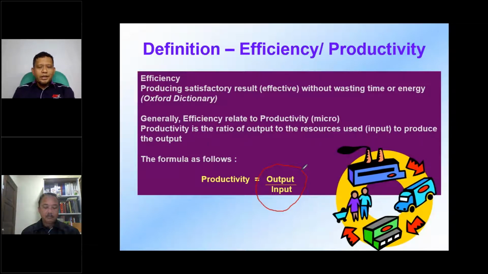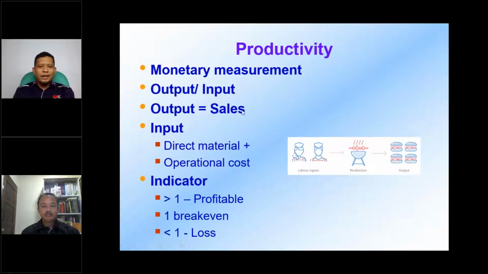But the question is, is that 7 tons going to be stored and kept as stock, or is it going to be sold to the customer so we can get profit from it? Even if we were producing a more efficient plant, instead of 10 tons, we produce 11 tons or 12 tons.